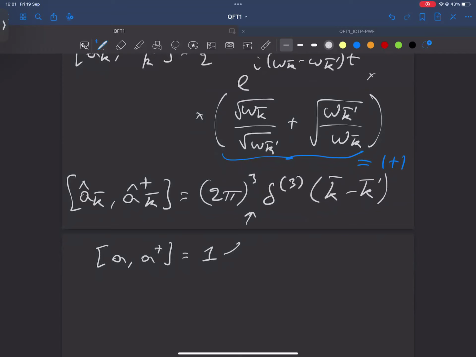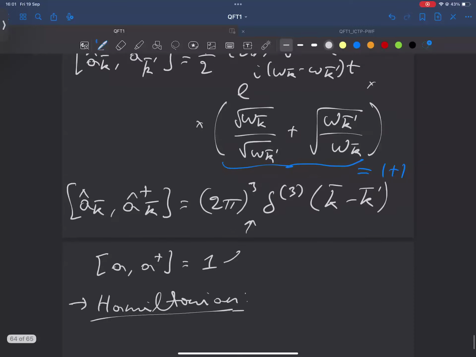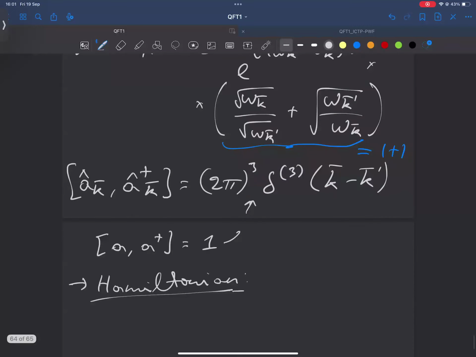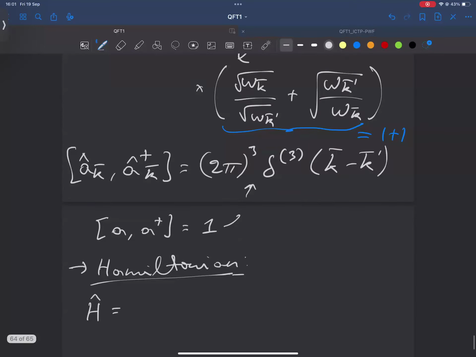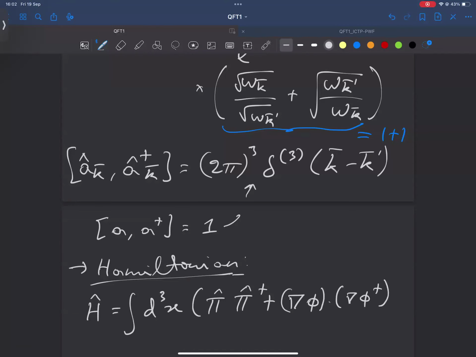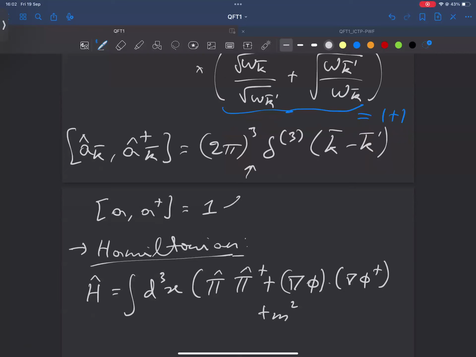So let's look at the Hamiltonian in that case. Note that if we promote it to operators, it becomes like this, which is exactly the field theory one, but now with hats and daggers, m squared phi dagger phi.